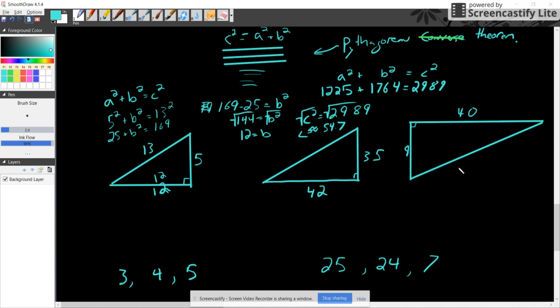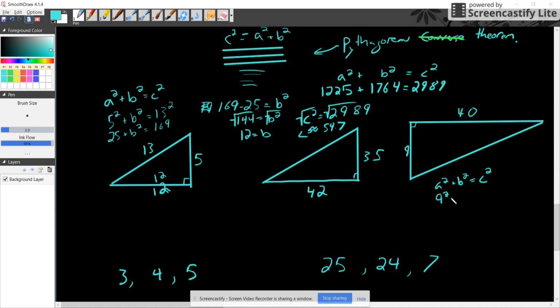Okay, this one's a little bit easier math. a squared plus b squared equals c squared. Is this c squared? I tricked you a little bit in that this 40 is both a big number and it's on top where we normally see our hypotenuse, but both sides adjacent to my right angle are always a and b. So we're going to say a squared plus b squared is equal to c squared.